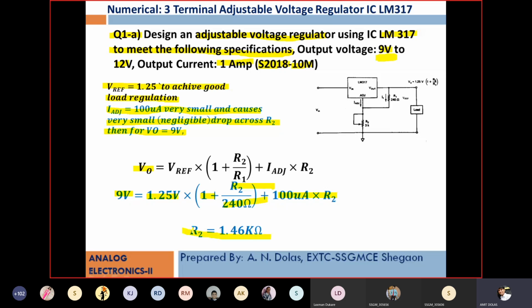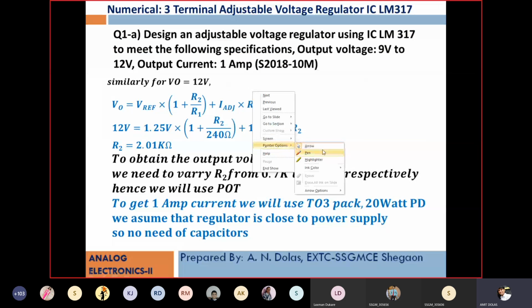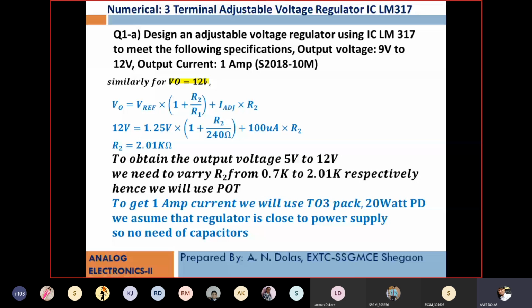R2 comes 1.46 kilo ohm for 9 volt. Similarly, if you go for 12 volt, because the range is 9 volt to 12 volt, putting the values, it comes 2 kilo ohm. So initially it is 1.46, means around 1.5K, and 2K.